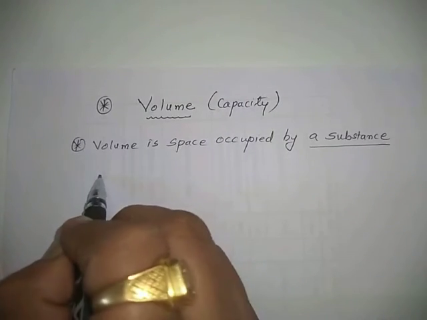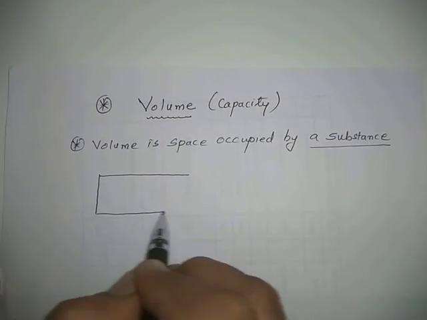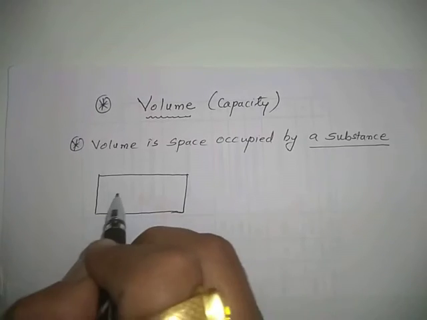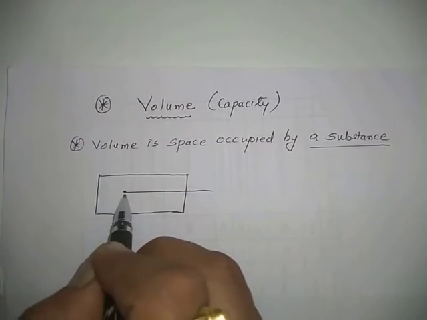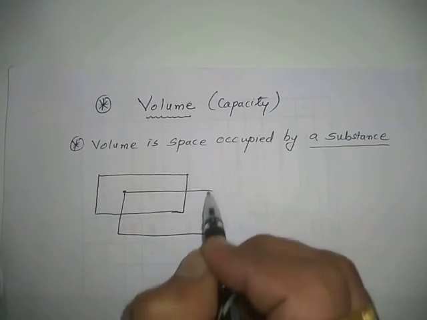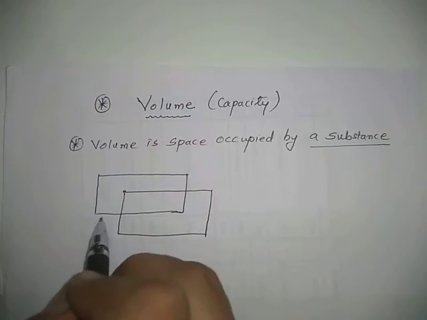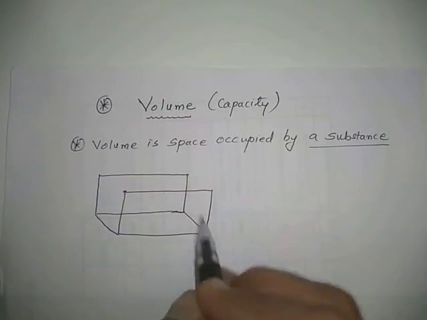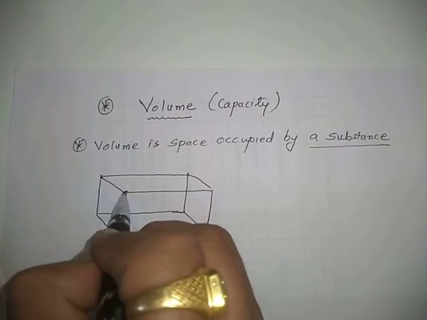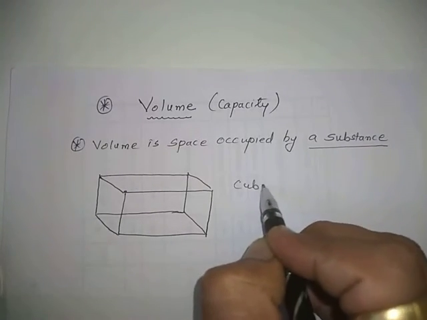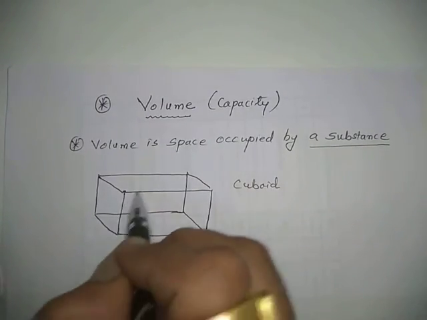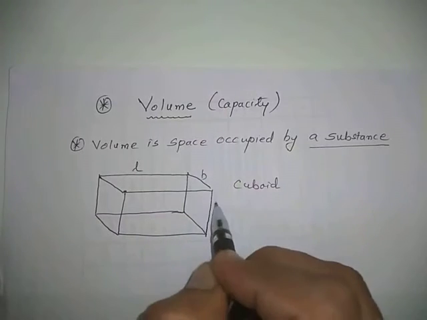So three things we are going to learn, or three different shapes, that is cube, cuboid and cylinder. First we will learn for cuboid. Here this is cuboid shape and we find this is length, breadth and height.